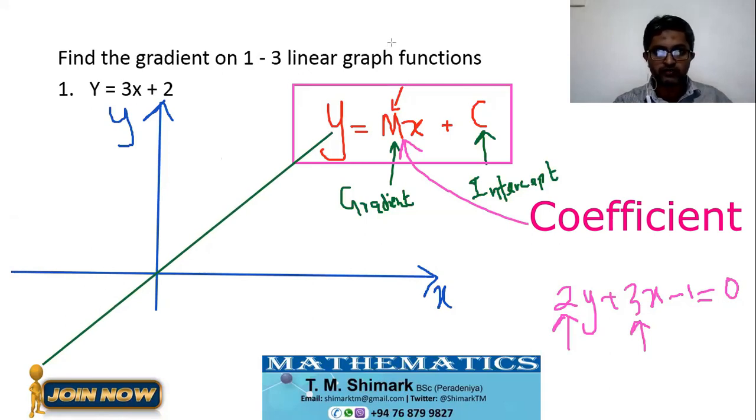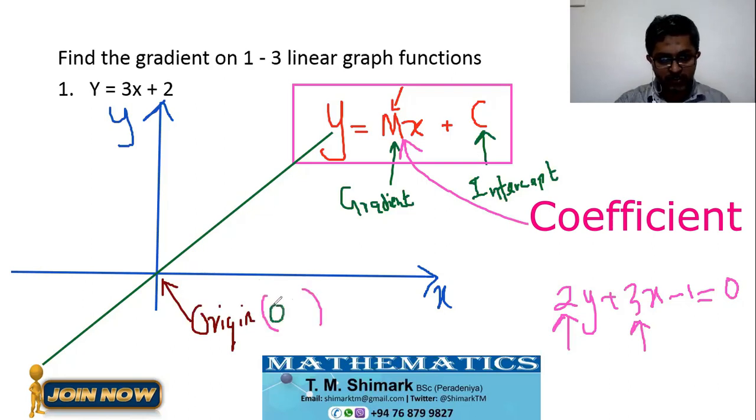What is the origin? The center. Here we can see the center is here, right? This is the origin we call. The coordinate points of the origin are 0, 0. That means in the x-axis also 0, y-axis also 0. Can someone say what the general equation for this graph is?